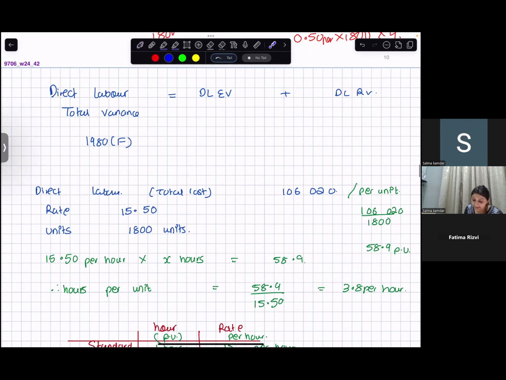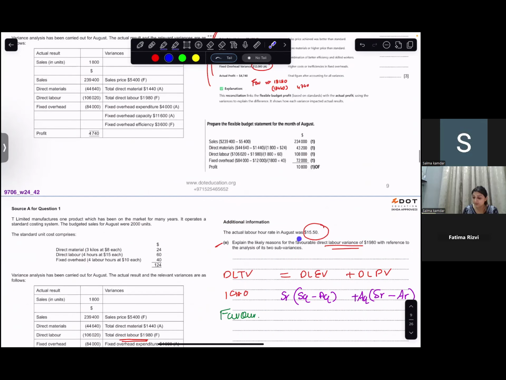I know my actual direct labor cost is 106,020, and the number of units produced is 1,800. So the amount I have paid per unit is 58.90. The labor rate per hour, given in the question, is 15.50.